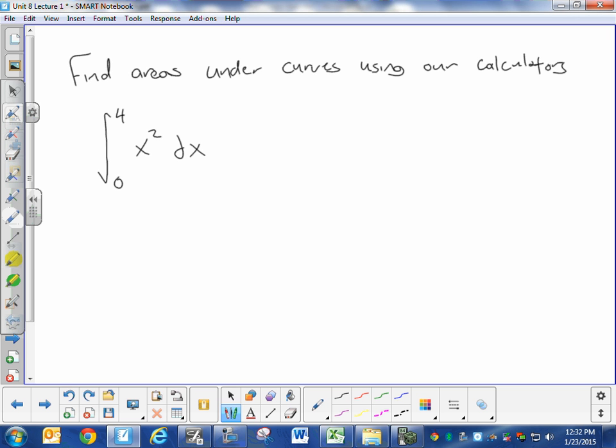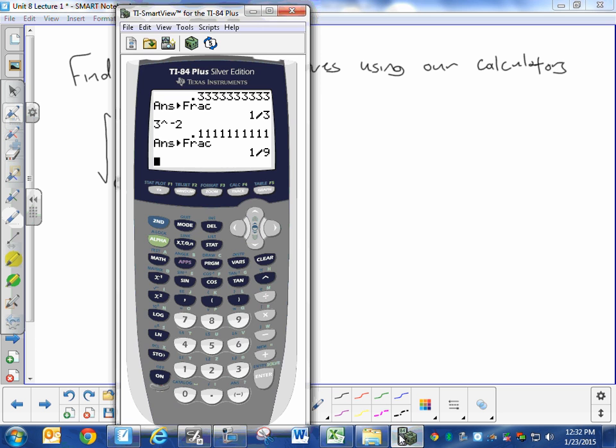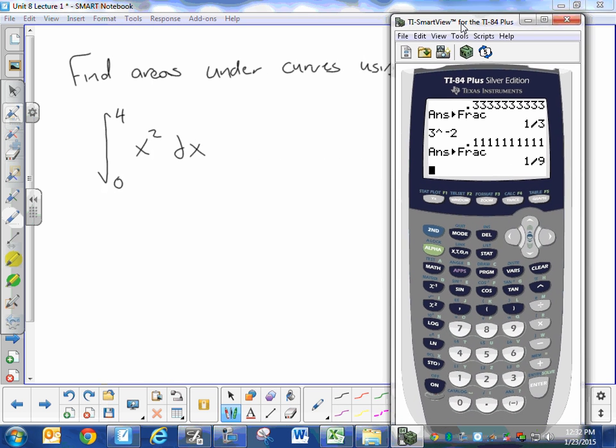Well, your calculator doesn't know how to take antiderivatives. Can't do that. However, it can make lots and lots of calculations really, really quickly. You know, computer systems. They can do things really, really fast that we can't.